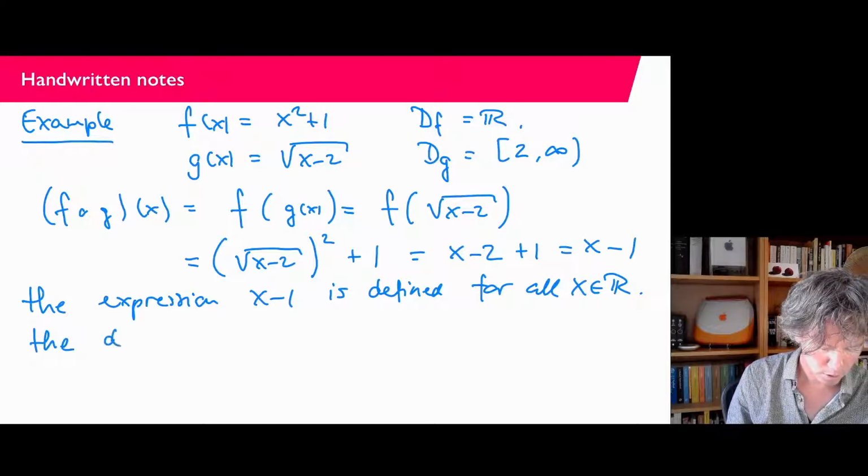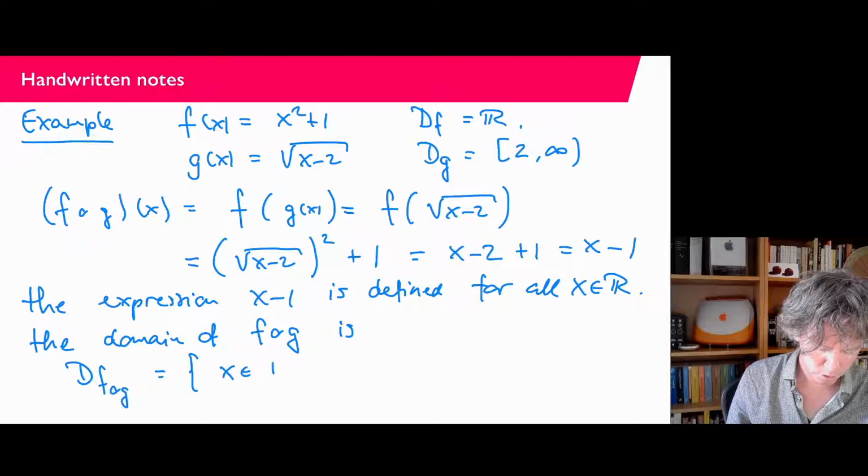So what we have is that the domain of f after g is, well, all the x in the domain of g for which g of x is in the domain of f.